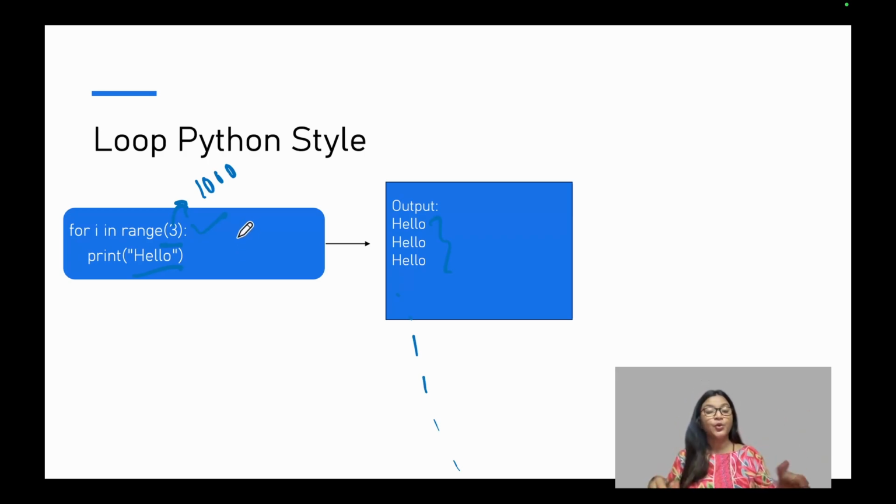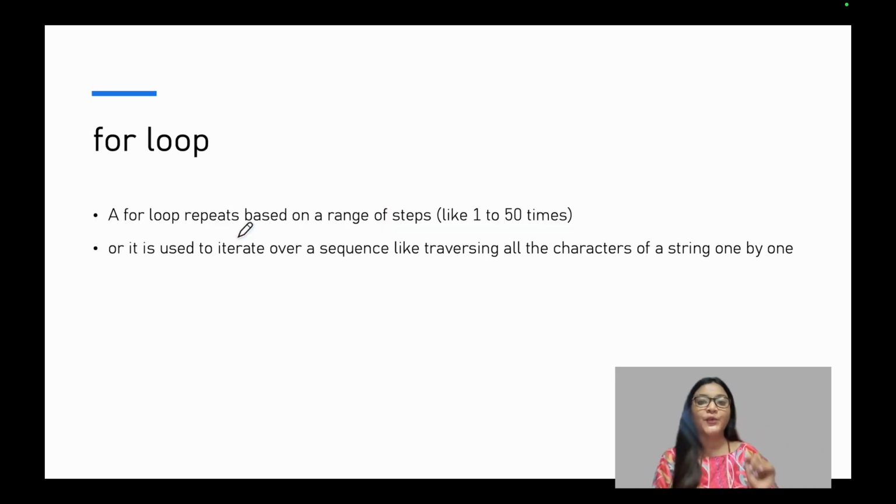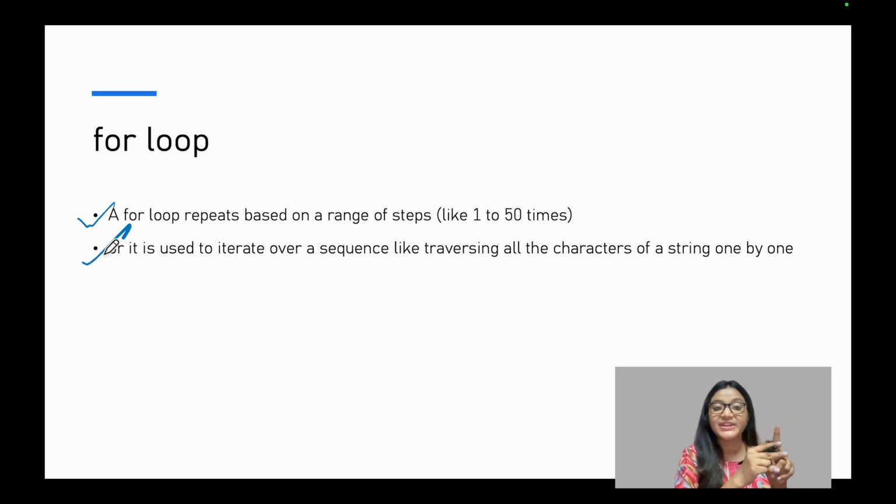Now we are going to go in depth and explore the for loop. Now, what is a for loop? See, a for loop works mainly in 2 situations. The first situation is when we know the number of times, or the number of steps, that you have to do.